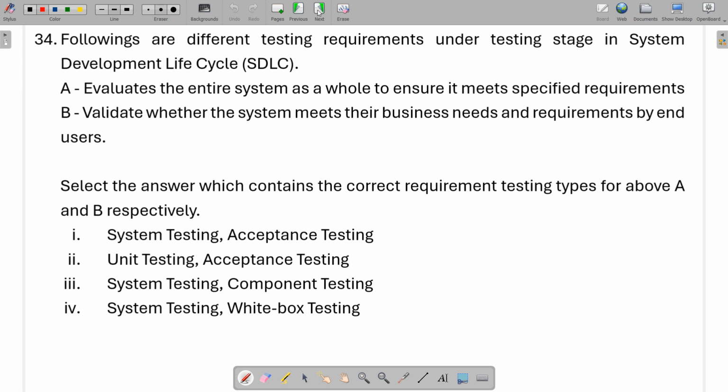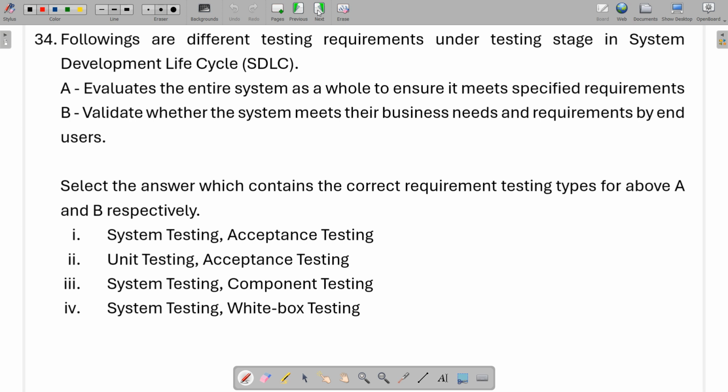34th. Following are different testing requirements under the testing stage in the system development life cycle. Statement A is talking about evaluating the entire system as a whole to ensure it meets specific requirements.